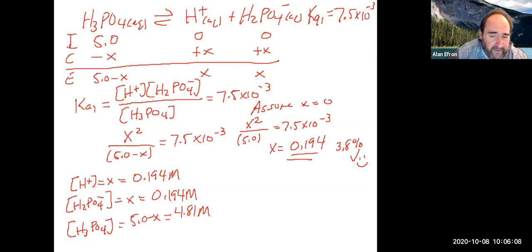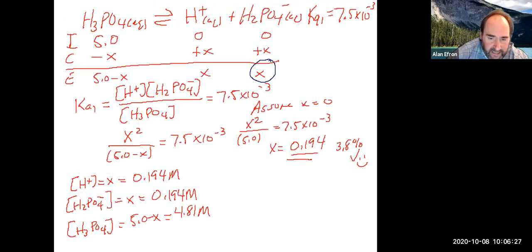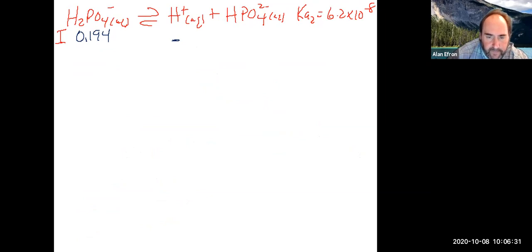So from the previous step, we know that H2PO4 minus is 0.194. So that would be where we would get that number from the previous step. In addition, from the previous step, we actually do have some H plus that was produced. Also the exact same number there, 0.194. And nothing of this guy.